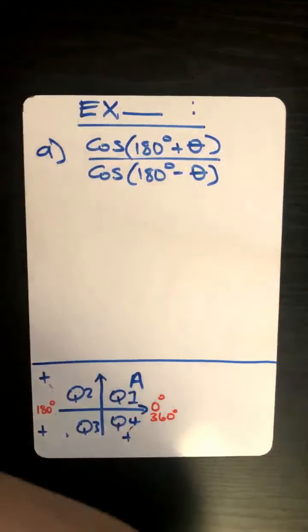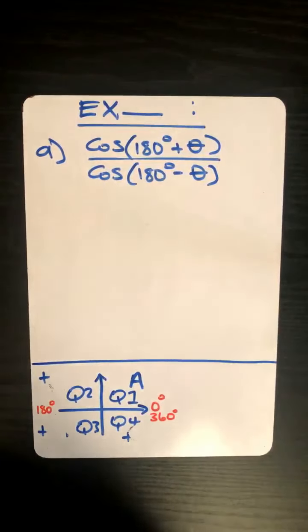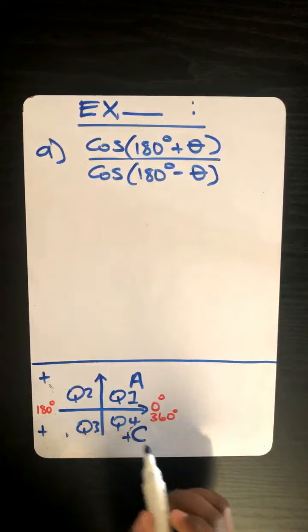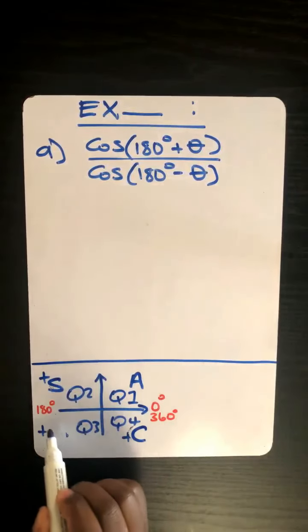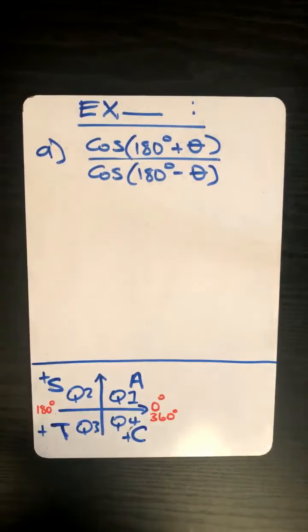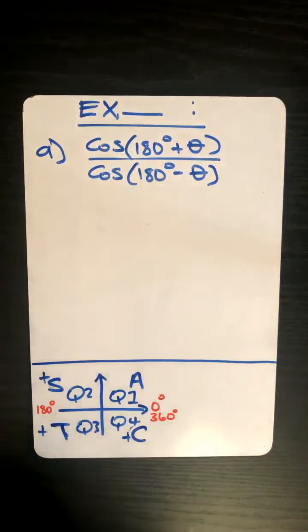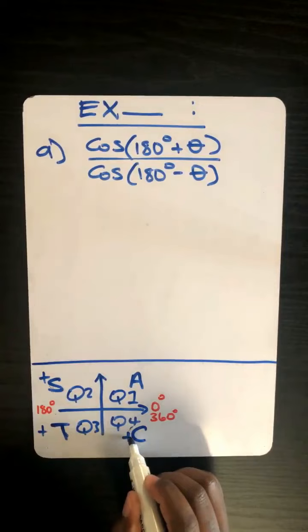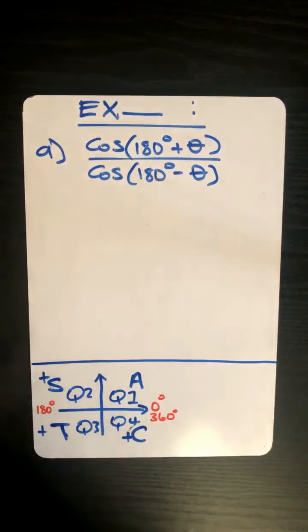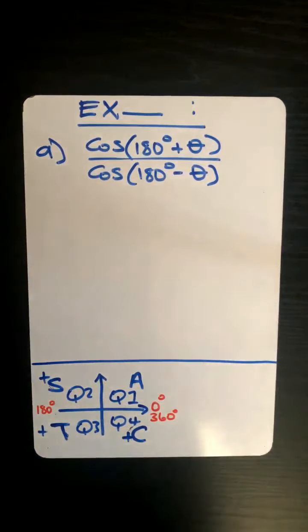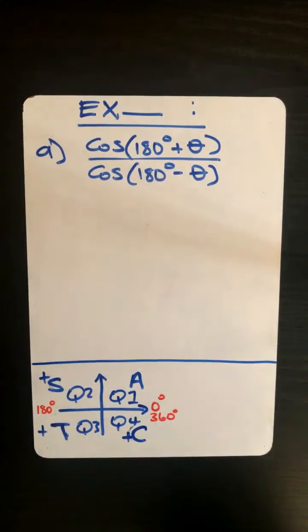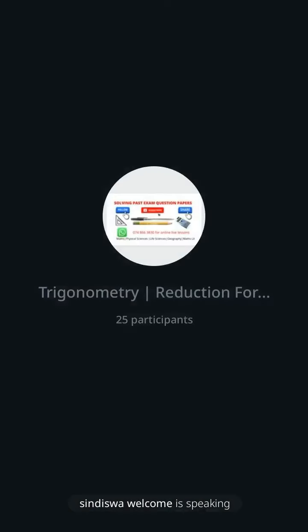Let me just quickly update it. So this is the CAST diagram. So this is a good indication that we are all on the same page. So do you agree with everything now? Is it clear for everyone now? It's very clear. Yes, sir.